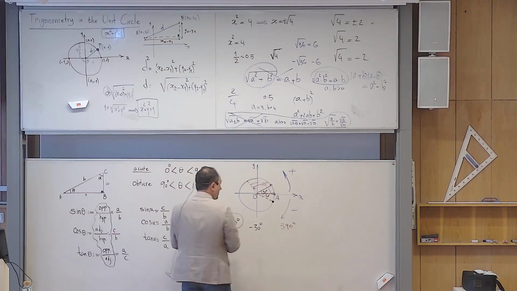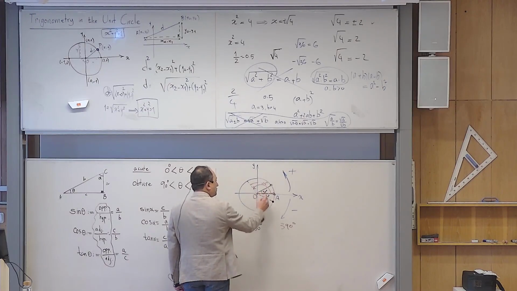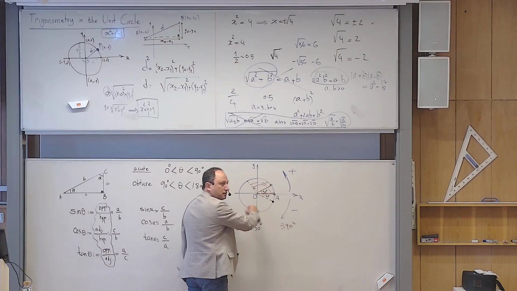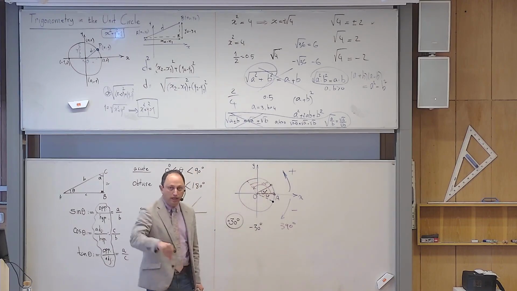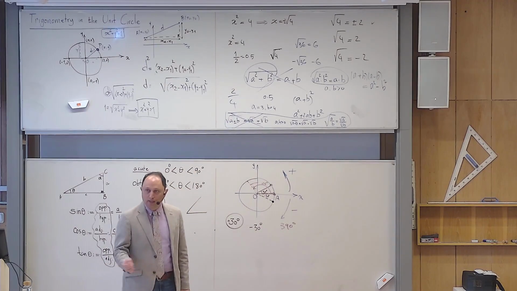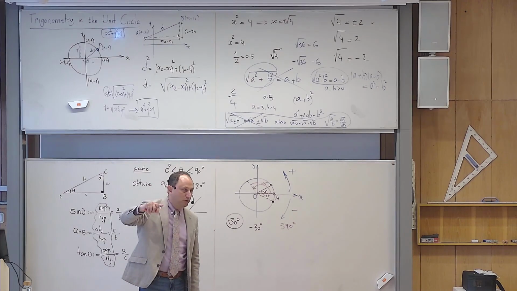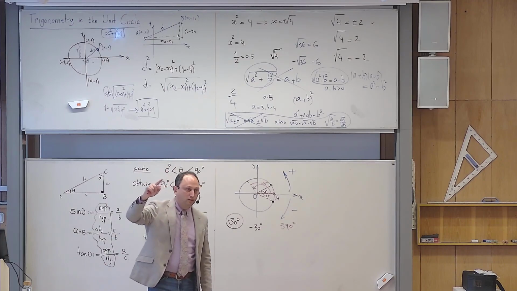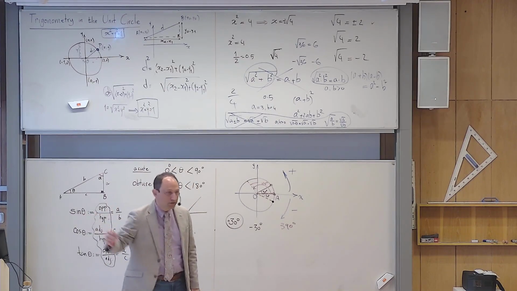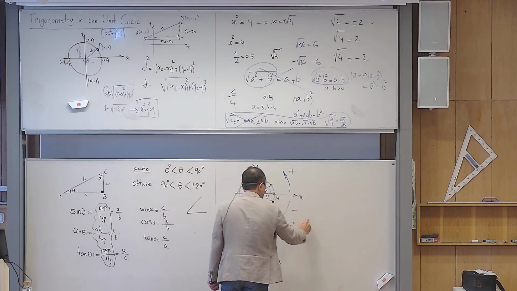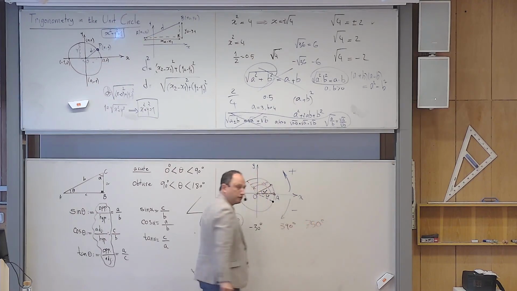For example, I start from here, go two full rounds, and then 30 degrees more. I will end up exactly there. Do you agree? One 360 degrees, another 360 degrees. So far, how much? 720 degrees. 30 degrees more is how much? 750. So another name for this is also 750.